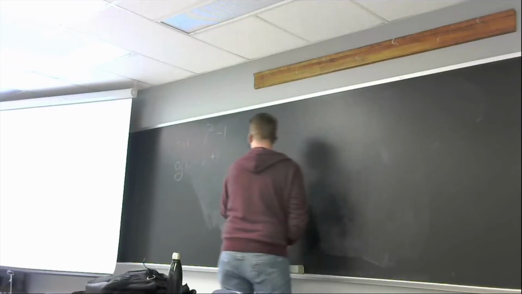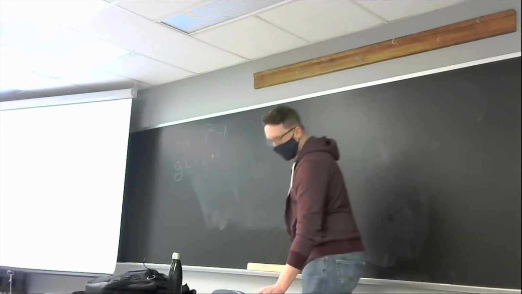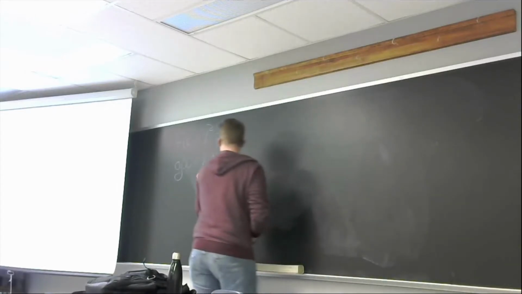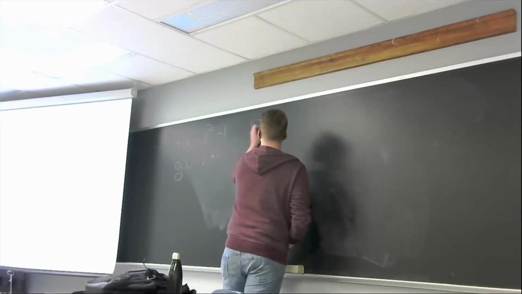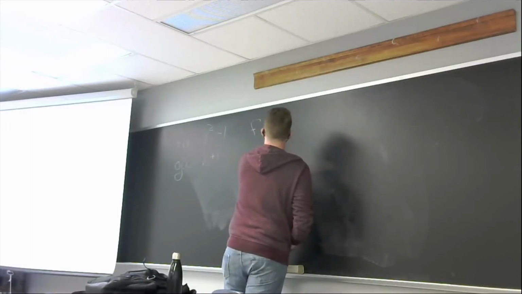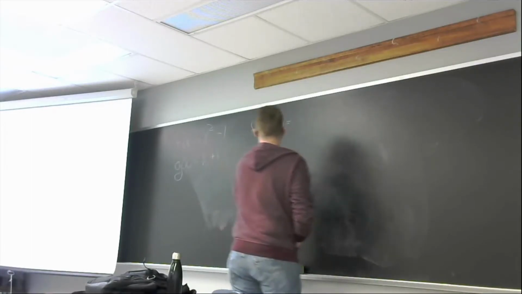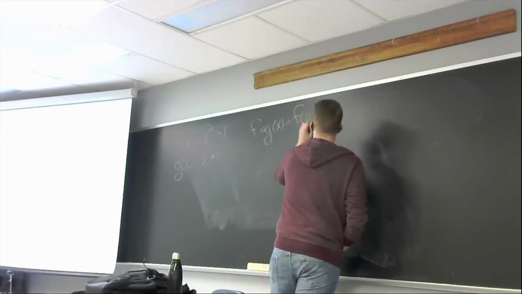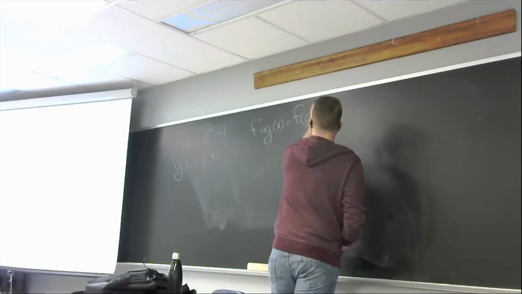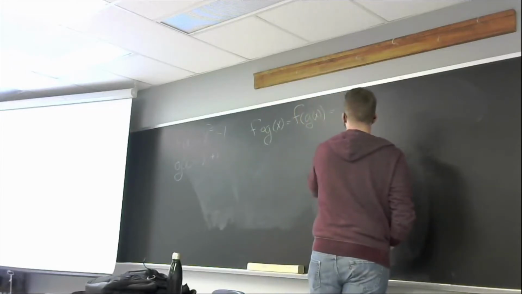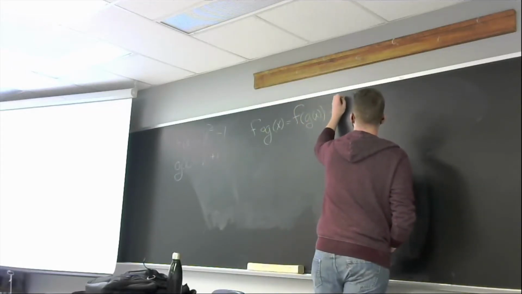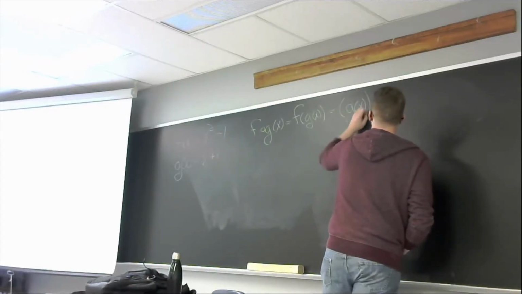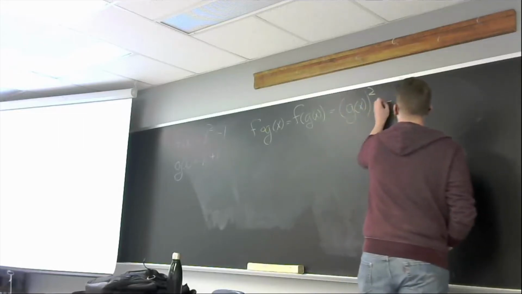Well, in that case, f of g of x is going to be equal to g of x squared minus 1, right?